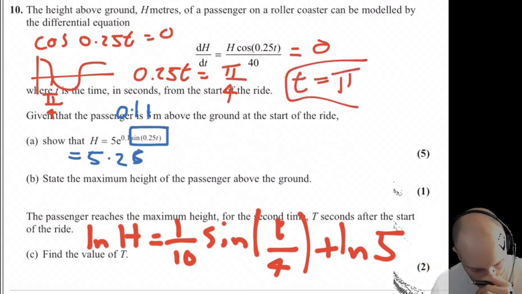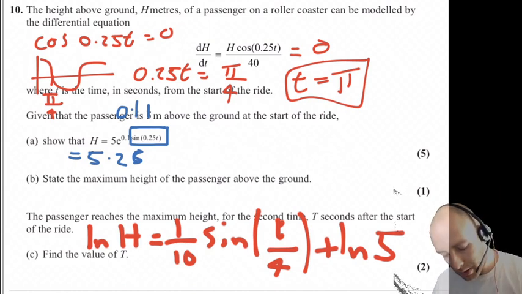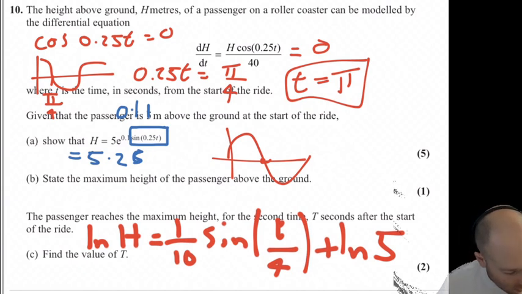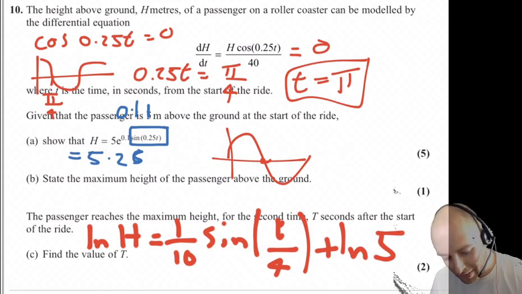And if I put t as pi, well, if I think about sine, t as pi is going to be 0 there. So we get e to the power 0. Yeah, so my maximum is 5.26. Because that gives me a lesser value than what we had just now.